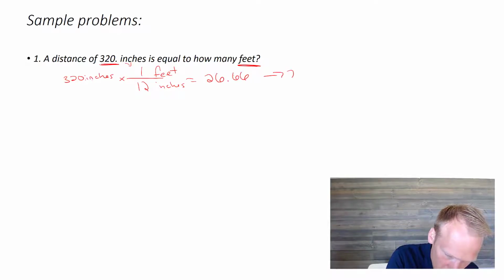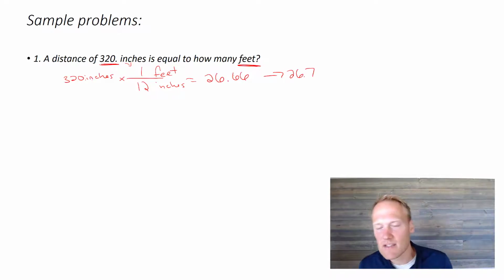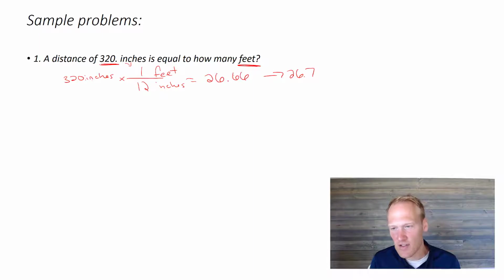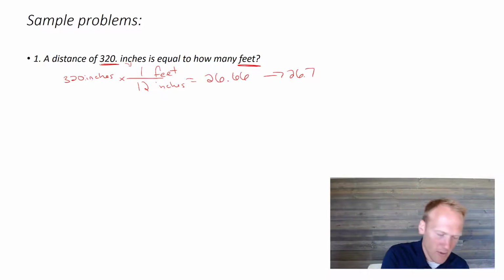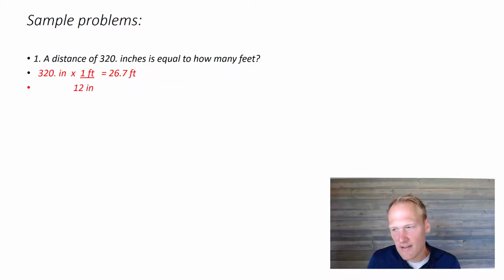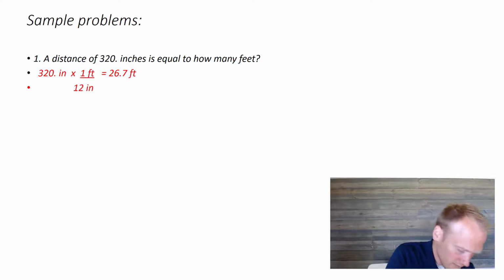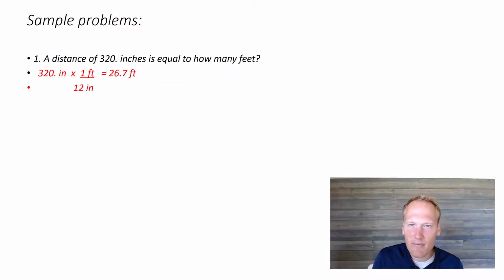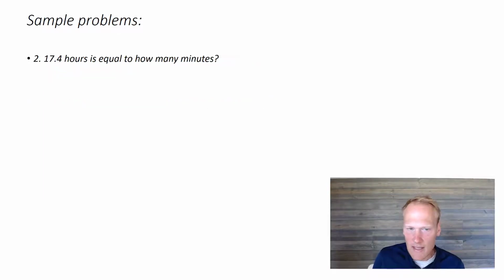So this will become 26.7. Why is it sig figs? Because this is multiplication and division. With multiplication and division, with all dimensional analysis, however many sig figs you start with, that's how many you're going to end with. So this is kind of a cleaned up version of that math.